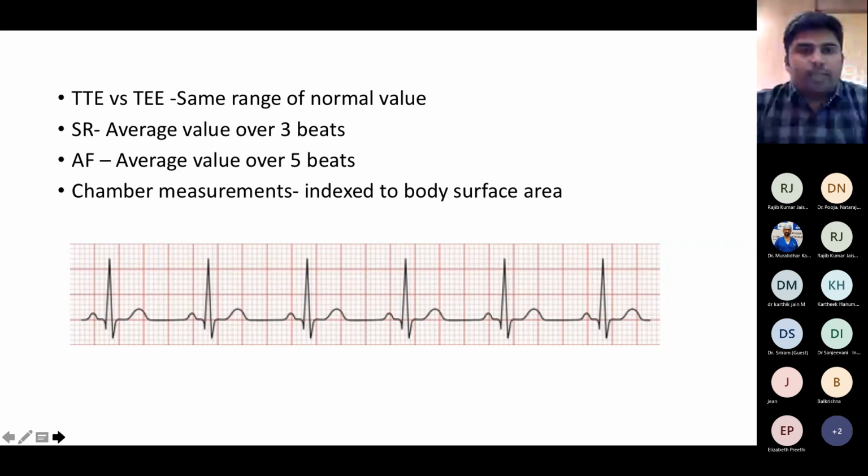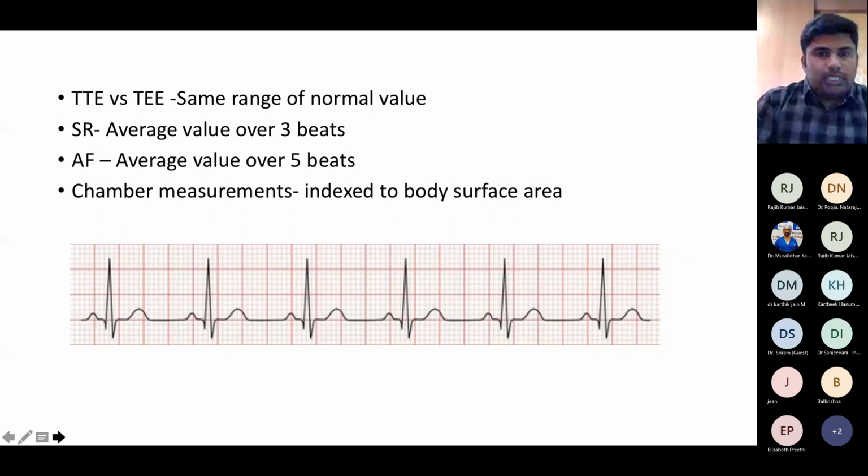Whenever we do echocardiography, ECG monitoring is very important for timing the various cardiac events. If the patient is in sinus rhythm, the values we measure should be averaged over 3 heartbeats. If the patient is in atrial fibrillation, the values should be averaged over 5 heartbeats. All the measurements should be indexed to body surface area to reduce interpersonal variability.